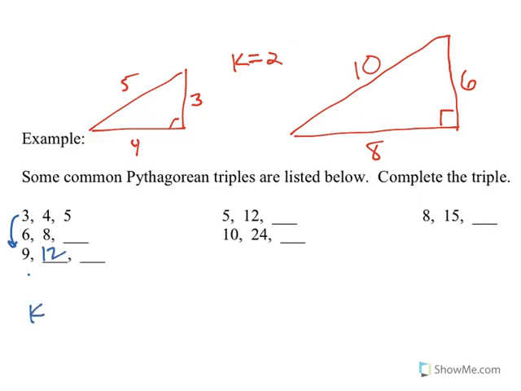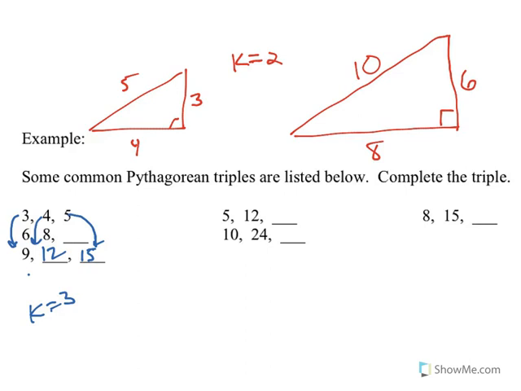Our scale factor here is making things 3 times bigger. Then the 5 gets tripled in size, so that's going to become a 15. And you could keep going. You could make as many as you want. You could make it 4 times bigger, 5 times bigger, etc.